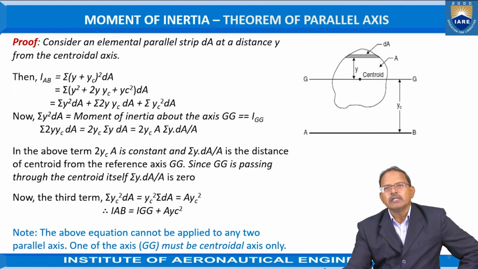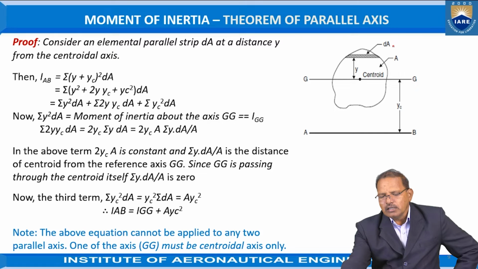Let YC represent the distance between the parallel lines GG and AB. Now consider a small strip which is at a distance of y from the central axis as shown in the figure, having area equal to dA.